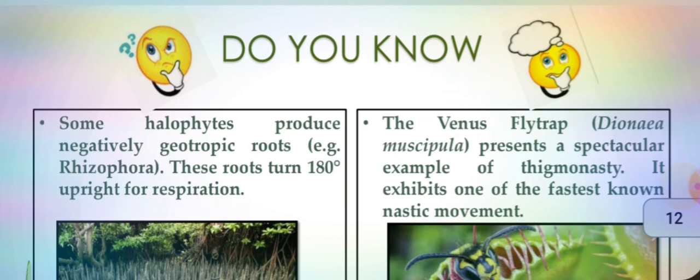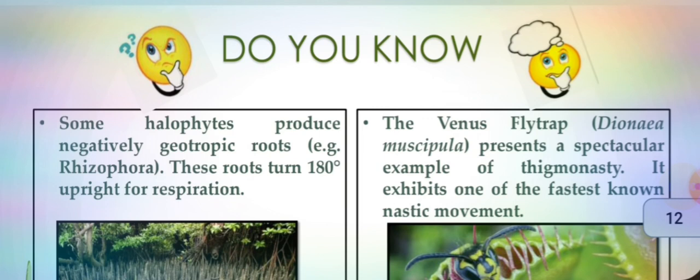These roots are negatively geotropic, and we call them pneumatophores. On the pneumatophores, you find pneumatodes through which exchange of gases takes place. So they help in respiration, they help in breathing. They take in oxygen and they leave out carbon dioxide. That is about halophytes.